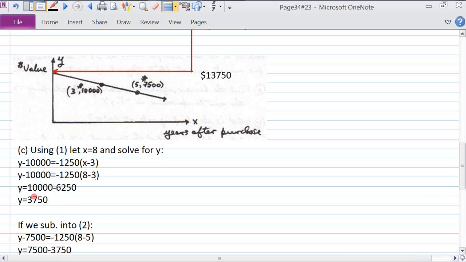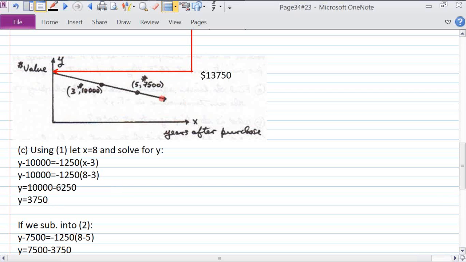We transpose the minus 10,000 to the right, we get plus 10,000, and minus 1250 times 5 gives us minus 6250. So the value of the car is 3750 after 8 years.